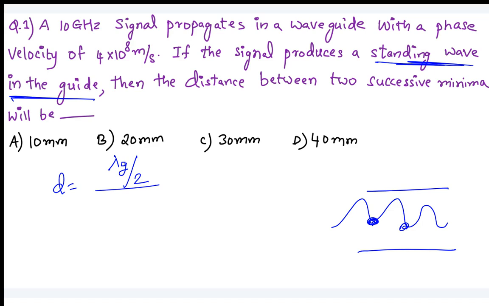So how do we find the guide wavelength? Using the phase velocity, which is nothing but the guided wavelength times frequency, equal to 4 × 10^8 meters per second.